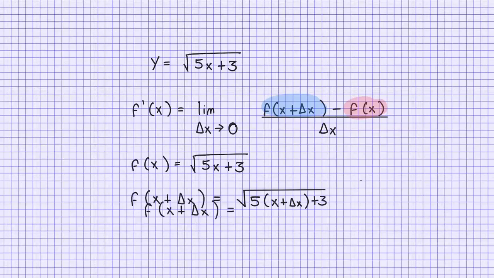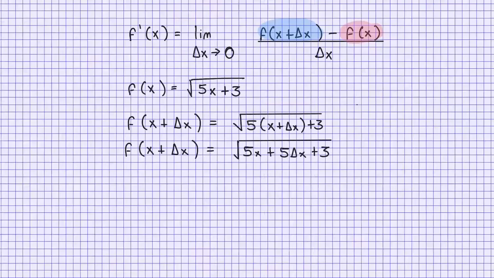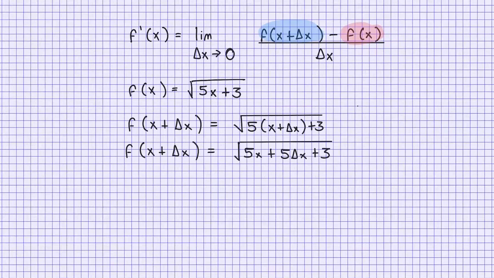So we need to expand, apply the distributive property, and we will have that this is 5x plus 5 delta x plus 3. And now we have all the components of our formula, so we can jump straight onto the calculation of the slope.